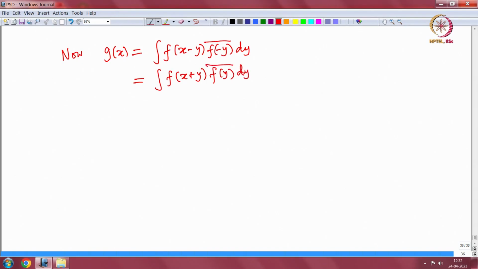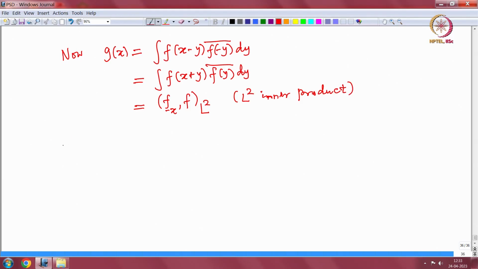And since we are assuming f is in L2, let me write this as the inner product of f shifted by minus x with f. We have introduced this notation. This is the L2 inner product. This is where we are using the other hypothesis that f is also in L2.